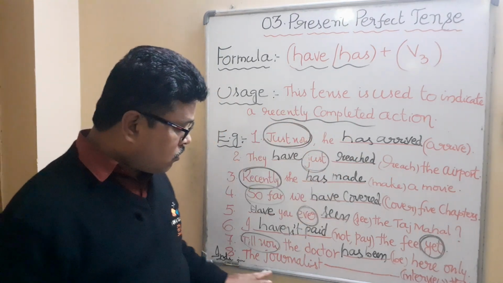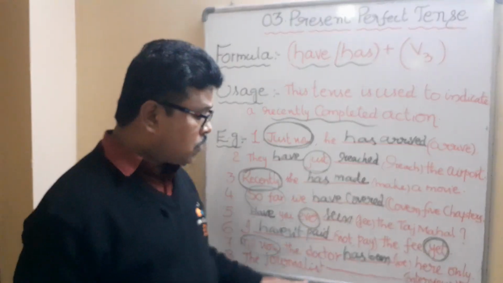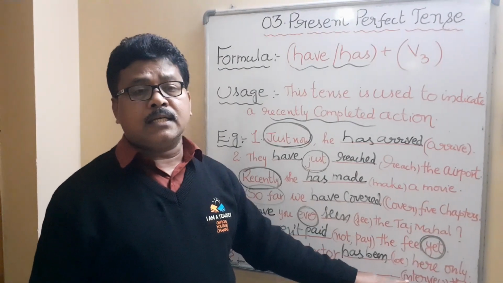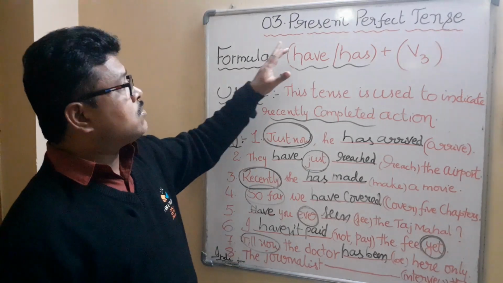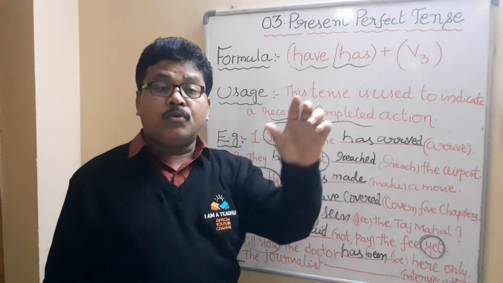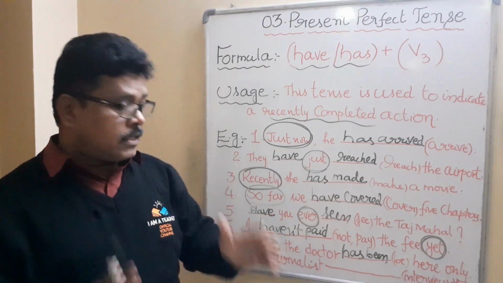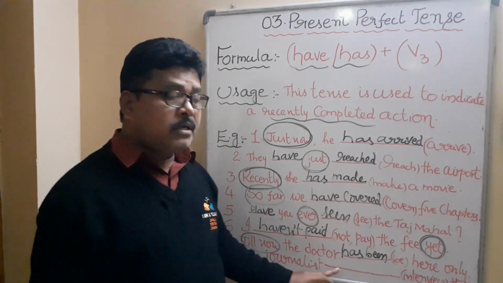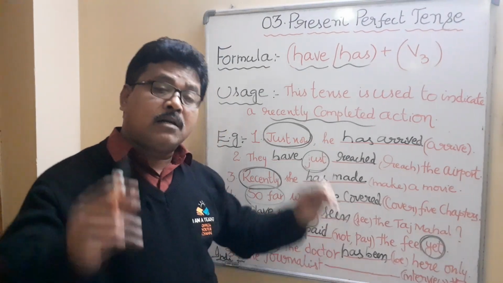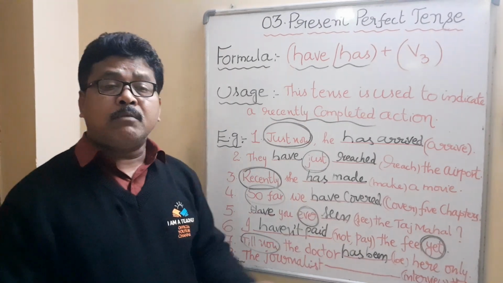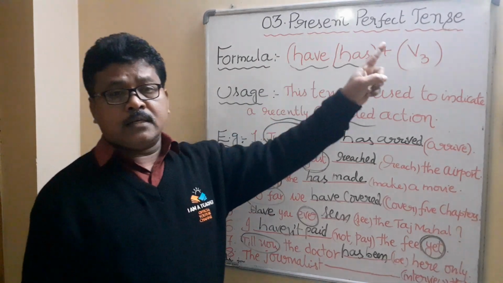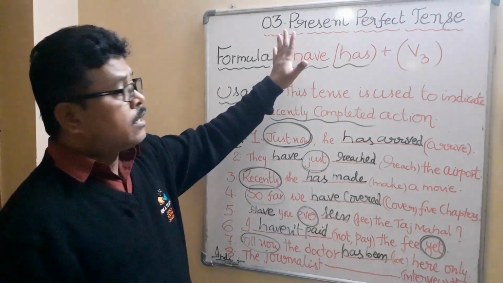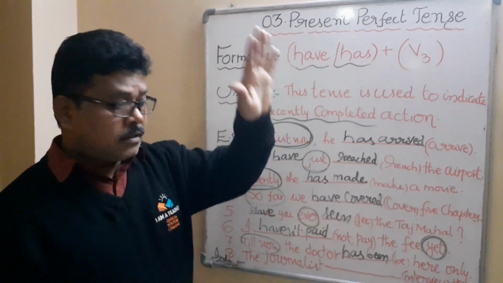Okay, when there is no time indication in the given sentence, in such cases we have to use present perfect tense only. That is also one indication. Strictly we have to go for present perfect tense only, not other tense forms.